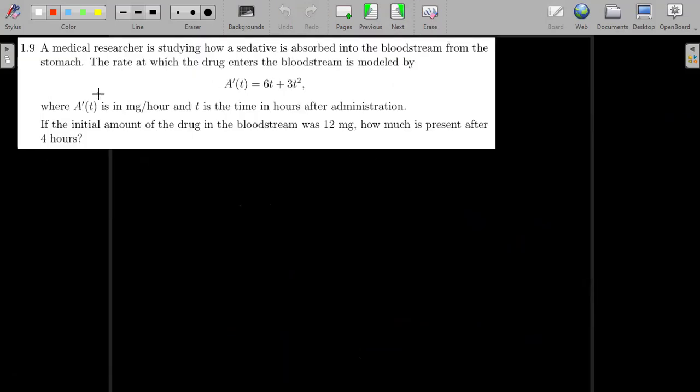We look at question 9 now. So question 9, they're saying a medical researcher is studying how a sedative is absorbed into the bloodstream from the stomach. The rate at which the drug enters the bloodstream is modeled by this equation. So now this equation, you notice that it's a derivative because here they've given us a prime like that. So if I have f of x, the derivative of f of x is f prime of x.